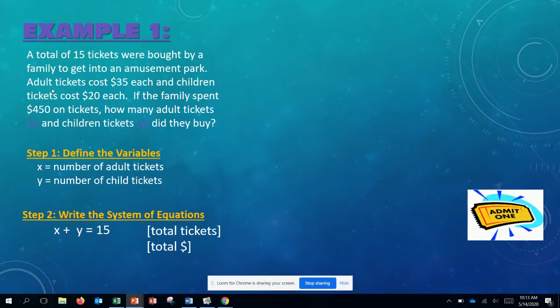Adult tickets cost $35 each, so the adult tickets are going to be $35 times X, or how many adult tickets we buy. We can say the same thing for the children's tickets. They cost $20 apiece for Y number of tickets, so we have 20Y. So our equation is going to be 35X plus 20Y equals 450.